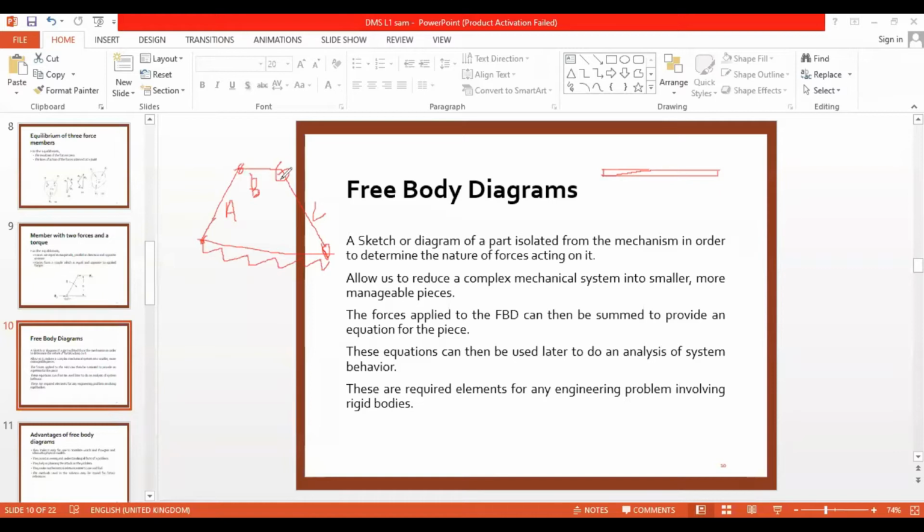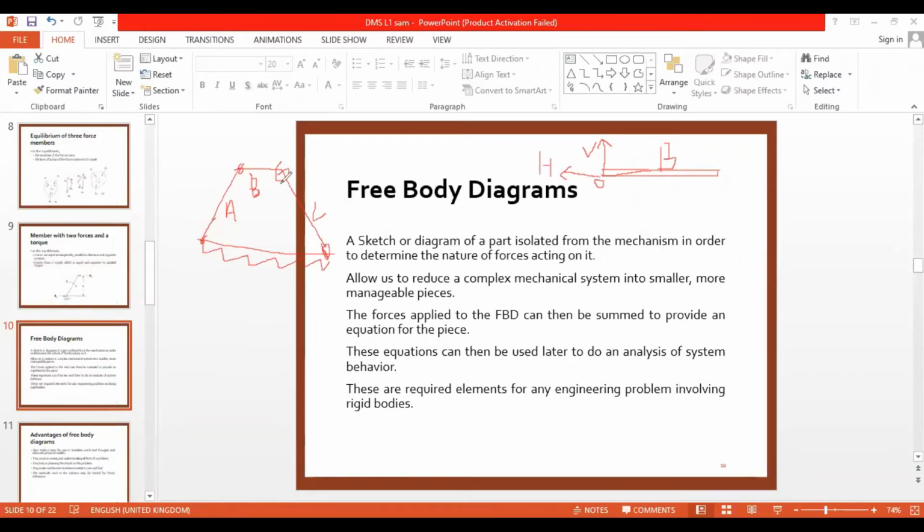When you break a pin joint, if the body B is in equilibrium, there was a joint, but when I break this joint, there is no joint now. But what would be there? There will be two forces. Usually we denote those two forces as a vertical force and a horizontal force.